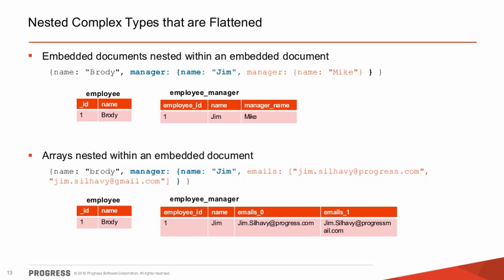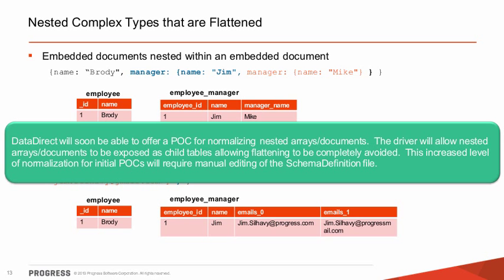Again, this is an unnatural act in order to fit into the relational schema. We believe what's required to eliminate those unnatural acts is this normalization capability, and we heard that over and over and over again at MongoDB World.